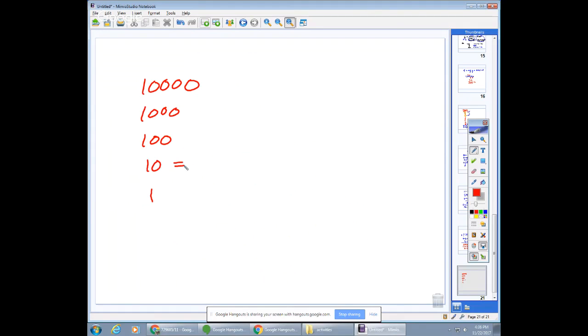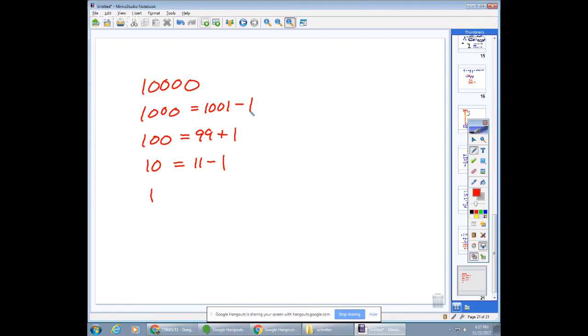So 10 is 11 minus 1. 100 is 99 plus 1. 1,000 is what? I think it's 1,001 minus 1. And somebody with a calculator, how many times does 11 go into 1,001? 91. What is it? 91. Exactly 91 times, right, no remainder.